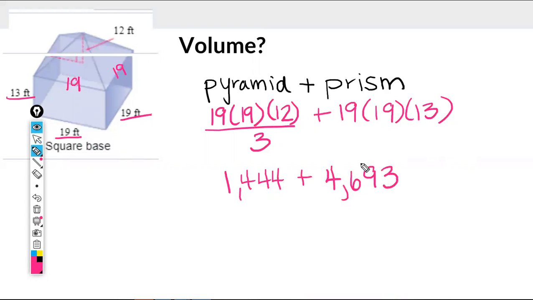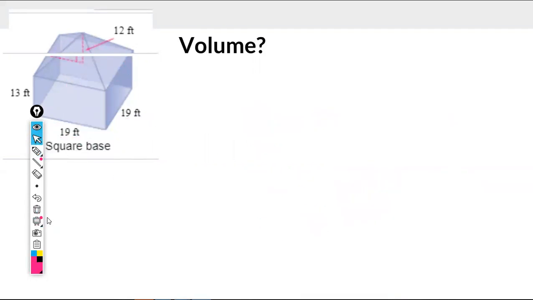And then we're going to add 1,444. So we get a total volume of 6,137 cubic feet. So, yay, we're done. We're just adding stuff together. Got this.